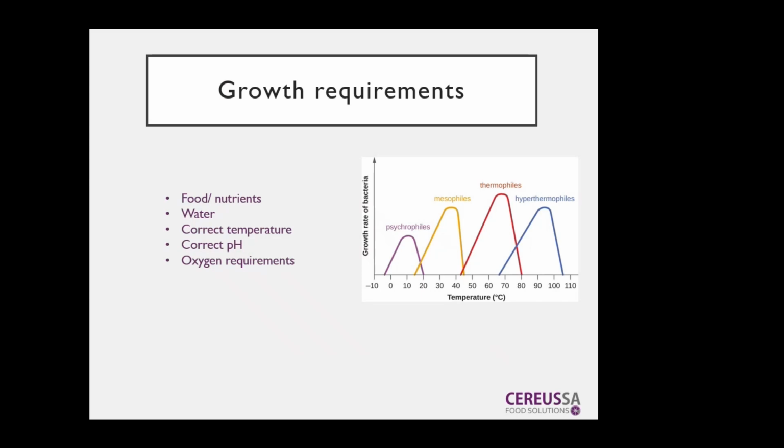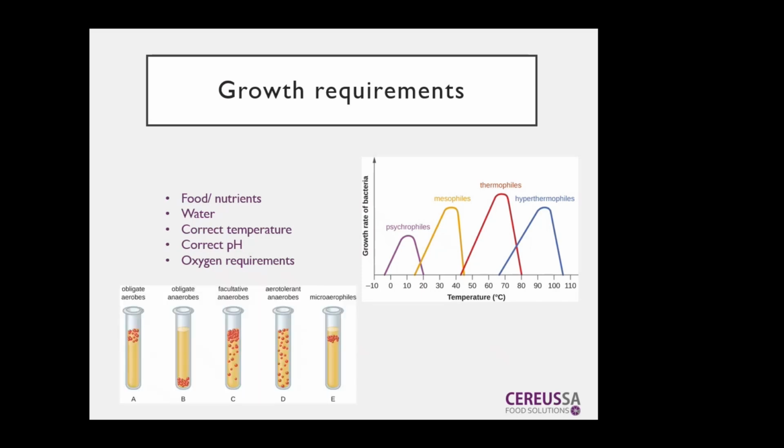Then there's also oxygen requirements. Remember that some microorganisms grow when oxygen is present, and some will only grow when oxygen is absent. So there are various oxygen requirements as well. There are more growth requirements, but these are the major ones that will determine whether a microorganism will firstly survive and grow, and how fast they will grow in a certain environment.